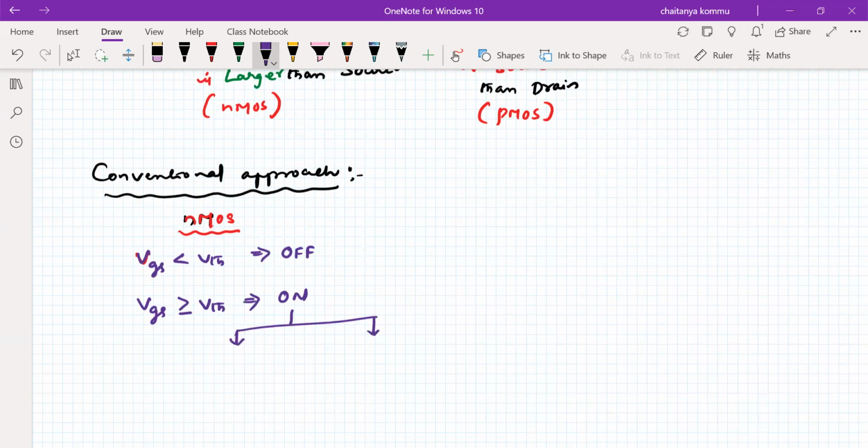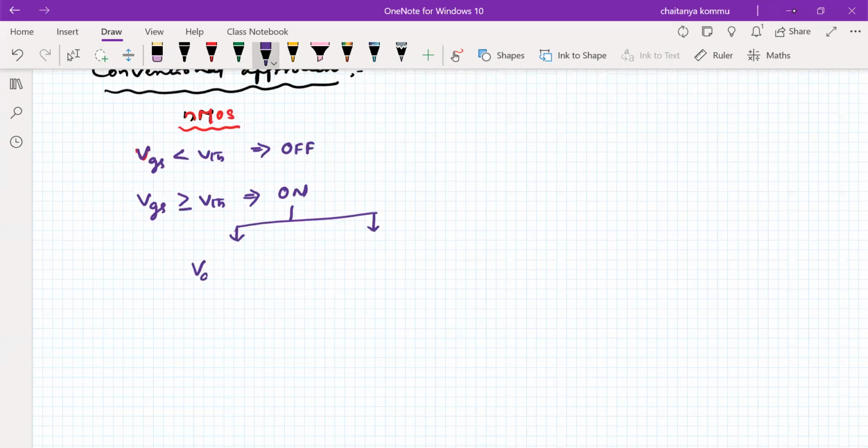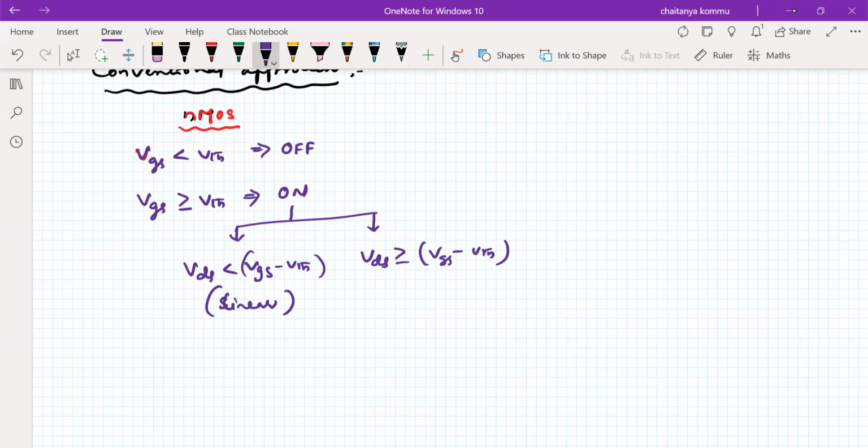One is VDS less than VGS minus VTH, which is called the linear region of operation. When VDS is greater than or equal to VGS minus VTH, this is saturation.